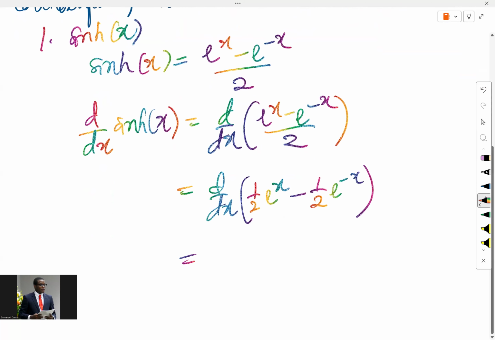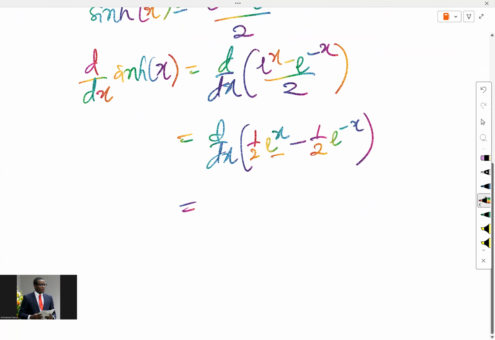When you differentiate e^x, of course, you get the same, so half is there as a constant: half e^x.